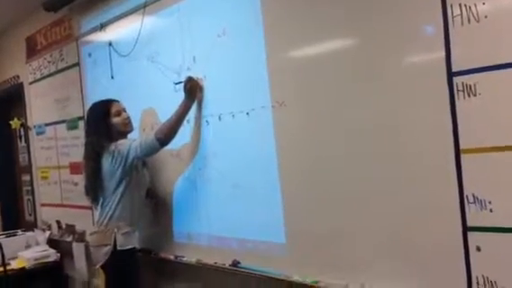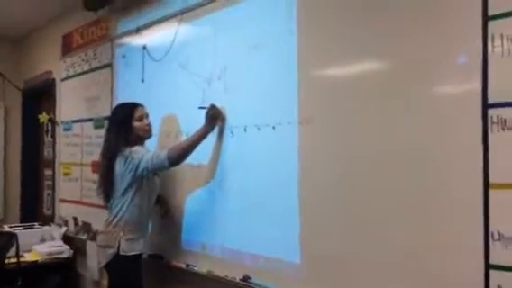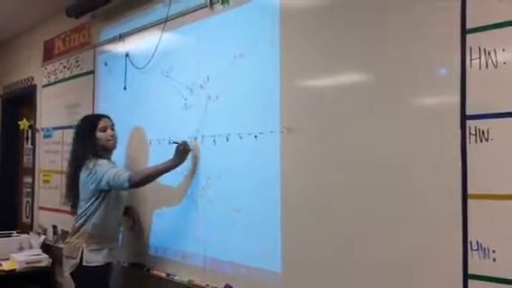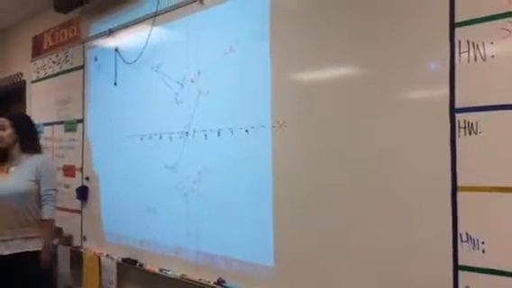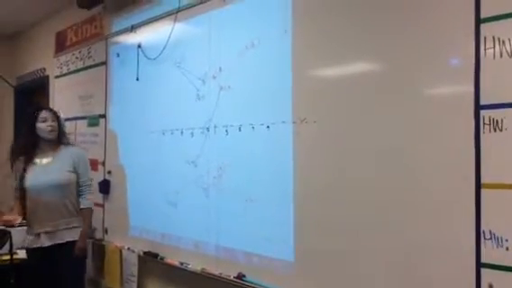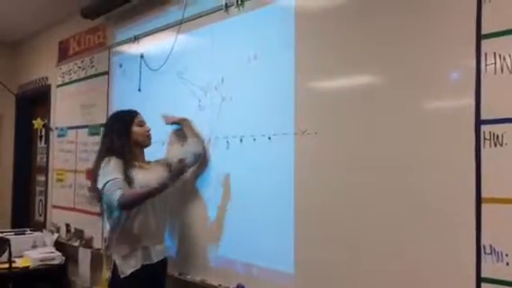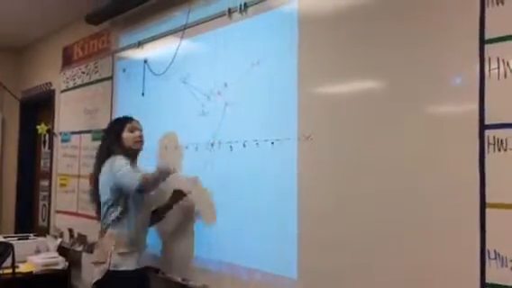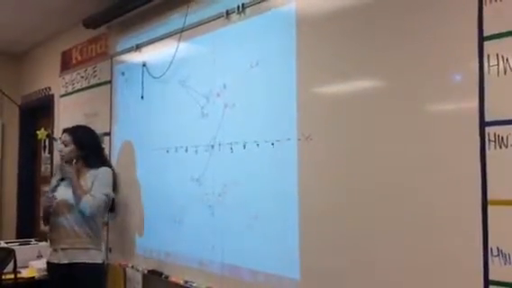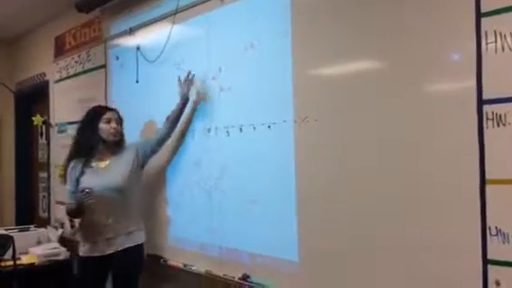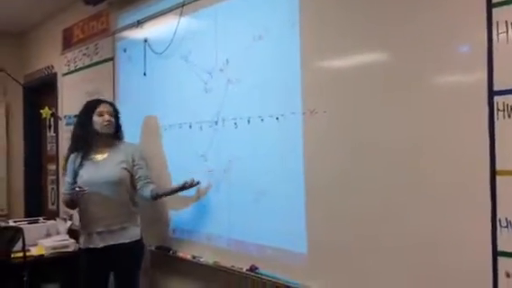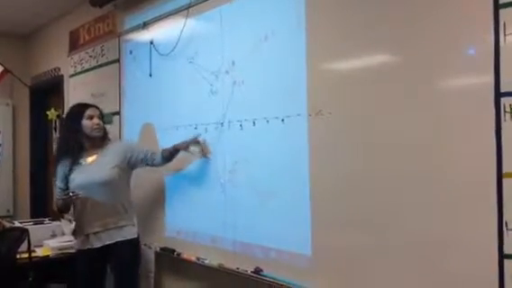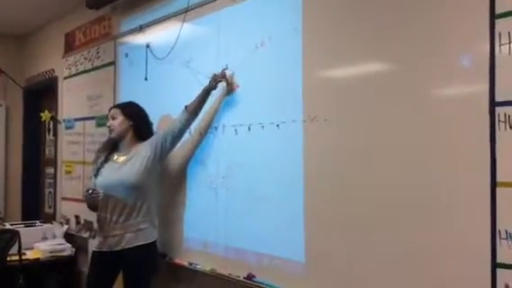So if I connect them though, and I go through the origin, how many degree turn is that? 180. Do you remember how the 90 made a perfect L with the origin? Yeah. And now this makes a perfect 180. Is that pretty cool? So a double reflection, so a reflection over the y and the x, turns out to be the same as a 180. And that means the rule for a 180 is basically just to do opposite, x and y.